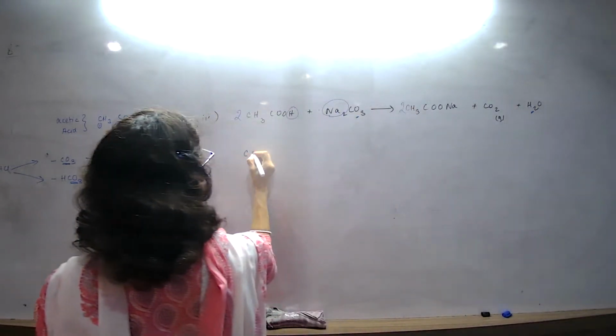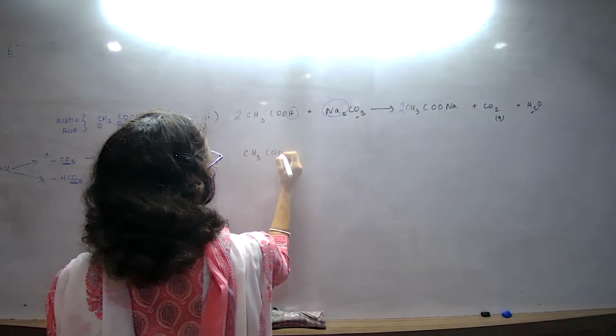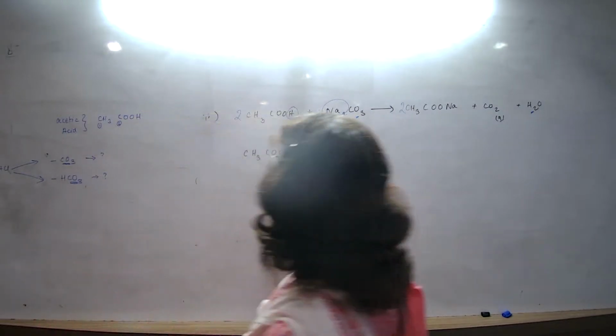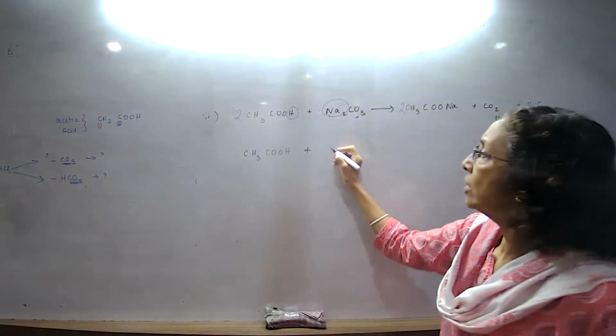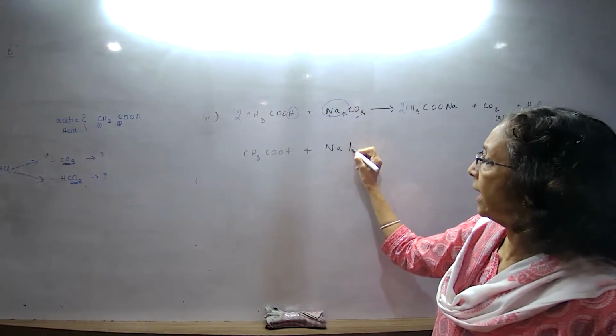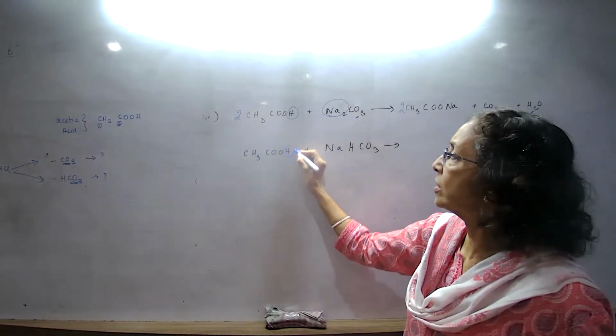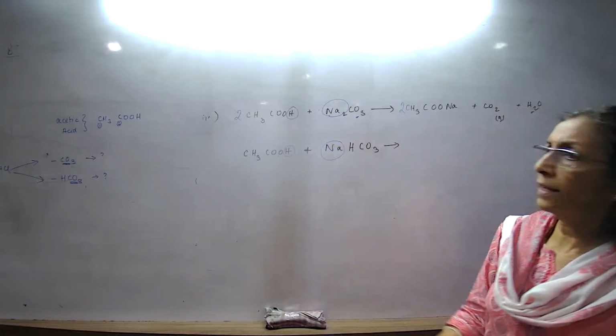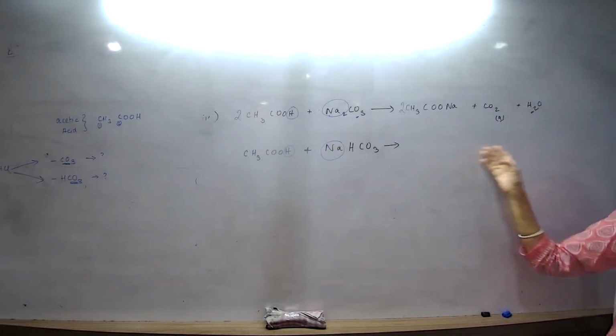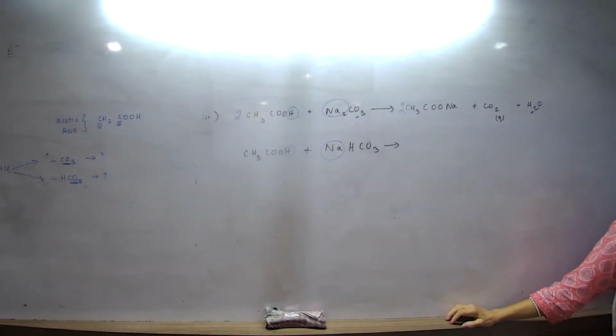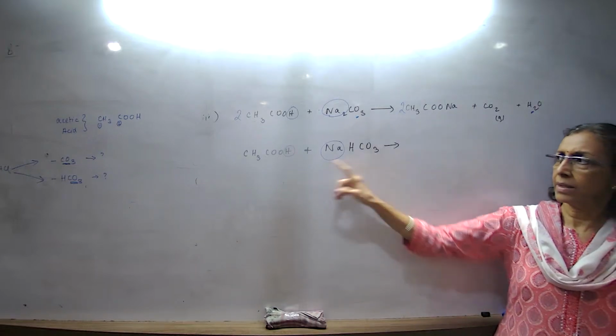Similar to this, we'll also talk about bicarbonate. What will be the formula of bicarbonate or hydrogen carbonate? NaHCO3. Very good. Same way you will have H replaced by Na. Complete. What will you write here? Come on, tell me.